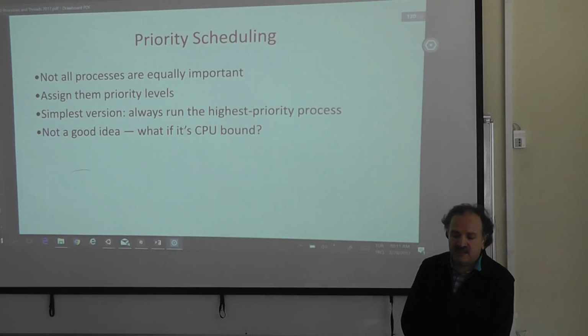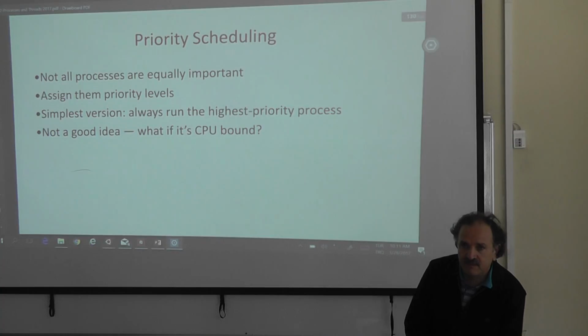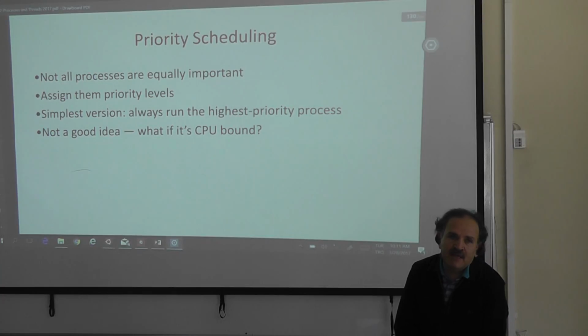Our second scheduling algorithm is priority scheduling. We say that not all processes are equally important. Some of them might wait for a while to be executed. Let's say you are taking a backup of your system, or sending email. Let's say you have 100 emails, and you need to send them one by one.